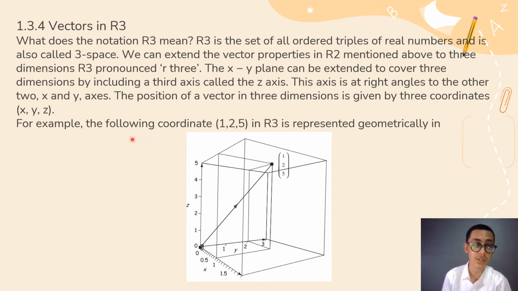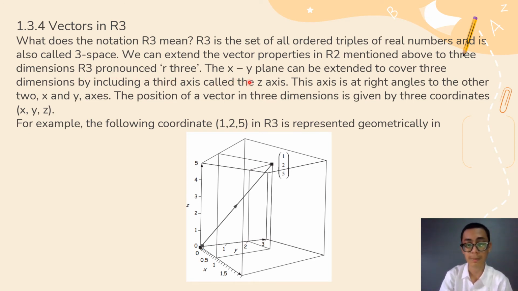1.3.4 Vectors in R cubed. What does the notation R3 mean? It is the set of all triples of real numbers and is also called 3-space. We can extend the vector properties in R2 mentioned above to 3 dimensions. R cubed, pronounced R3.